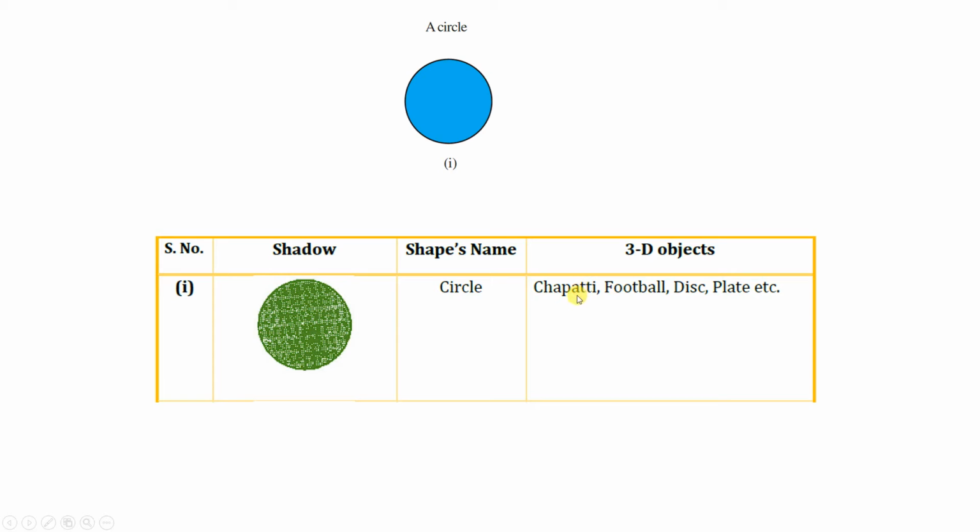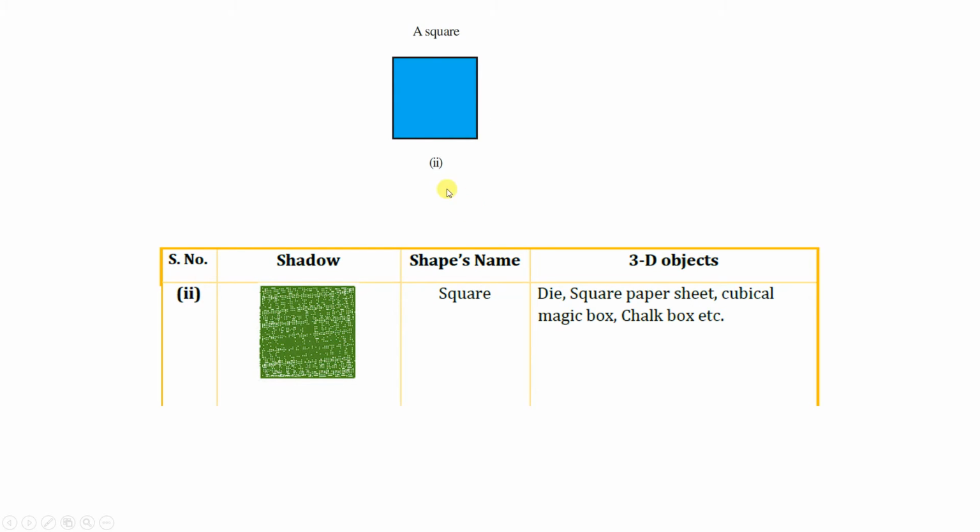It could be chapati, football, disc, plate, etc. A football could be there, or a small cricket ball could be there. And for all these solid shapes, when they are put below any bulb, the projection we get is nothing but a circle.